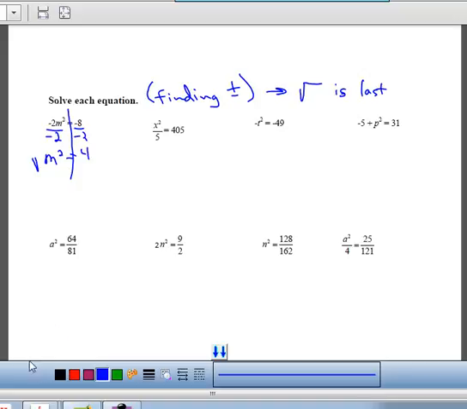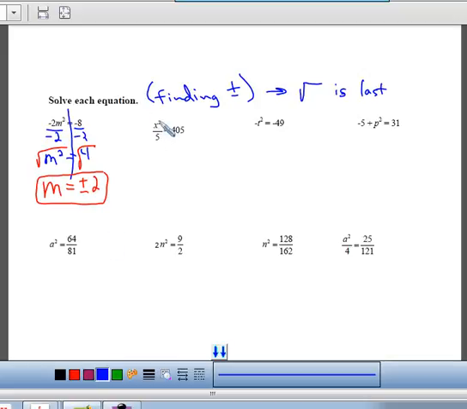So square root of m squared, square root of 4. M equals, now I know some of you might be saying it equals 2, but it's actually positive or negative 2. Because remember, negative 2 times negative 2 is 4.